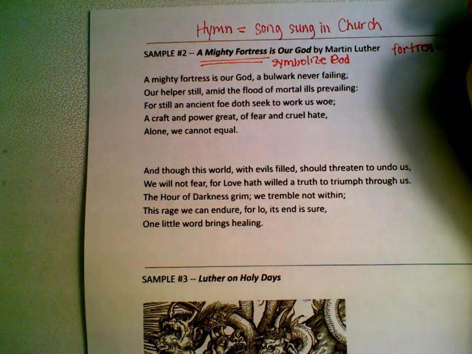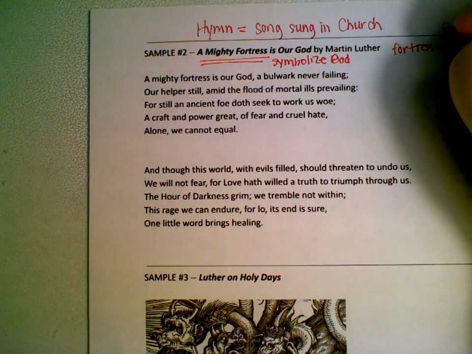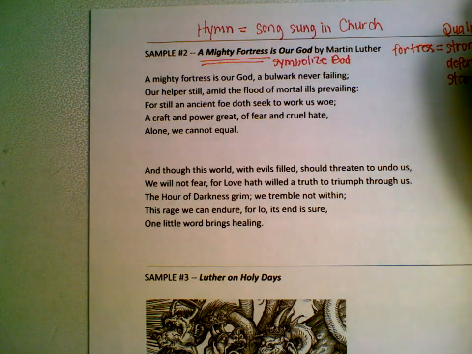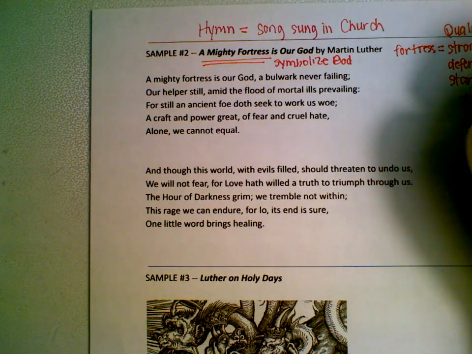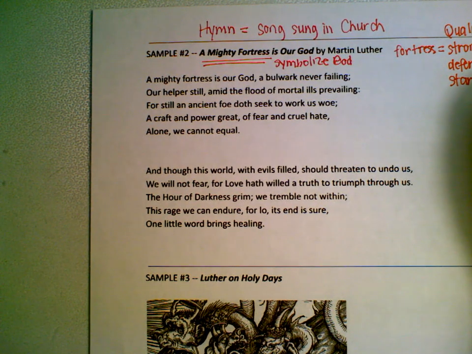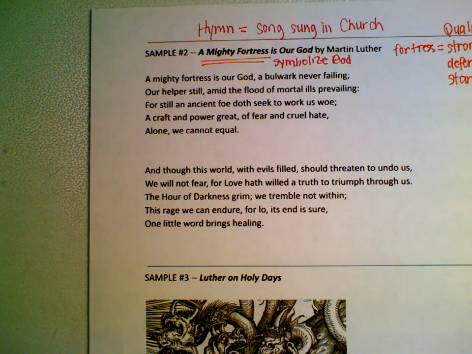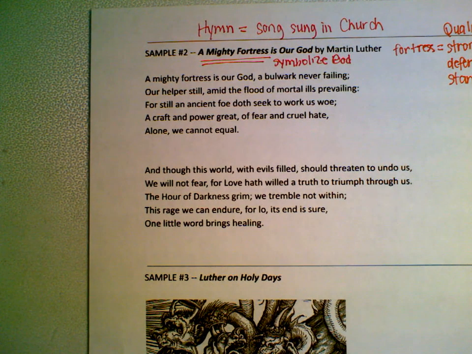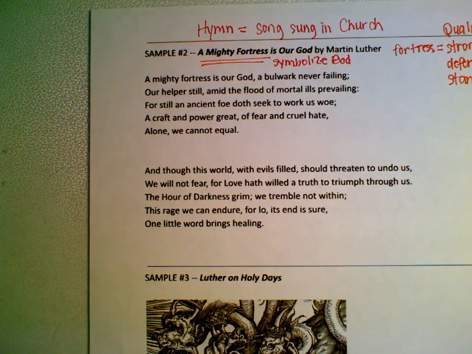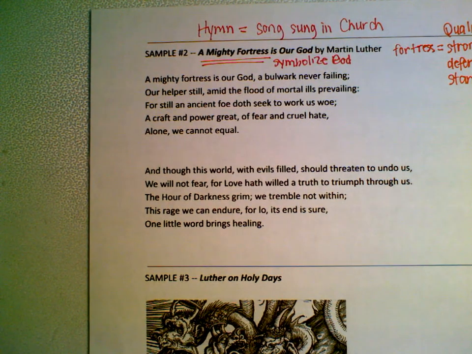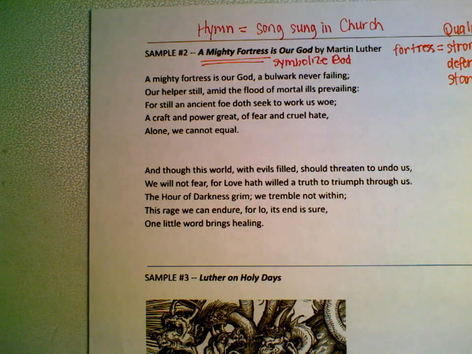These are attributes or qualities of a fortress, and they would also be qualities of God. So that's what symbolism really is. It's something that's going to represent something else. So Martin Luther wrote this hymn. The actual hymn is several stanzas long. I picked two of the most important, and we'll go from there.